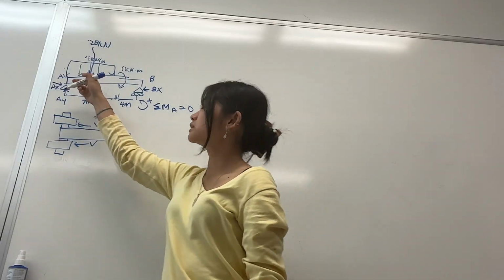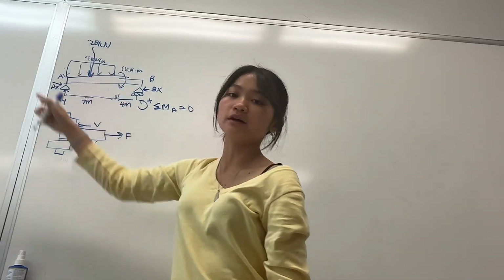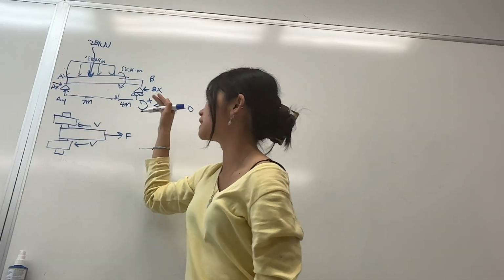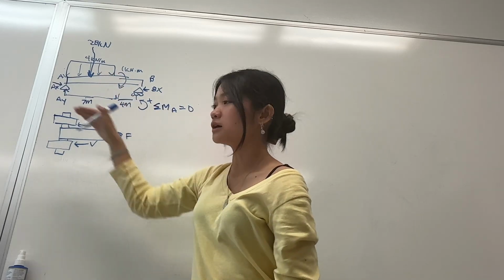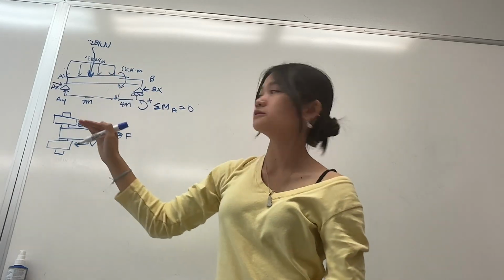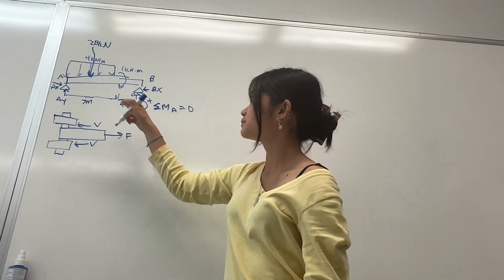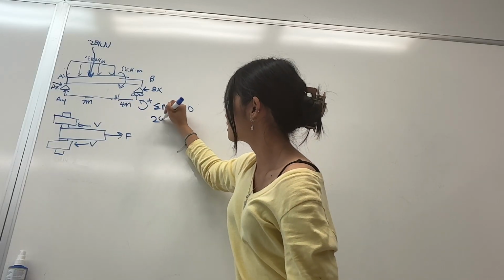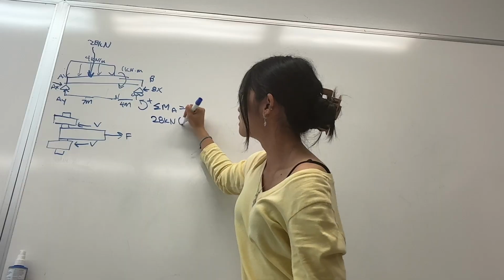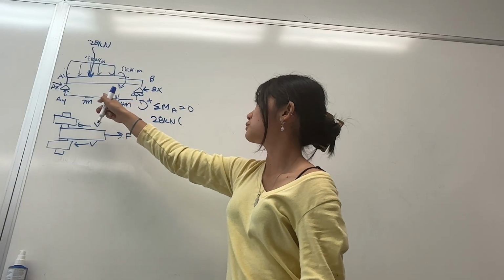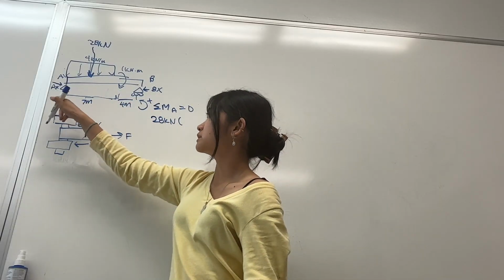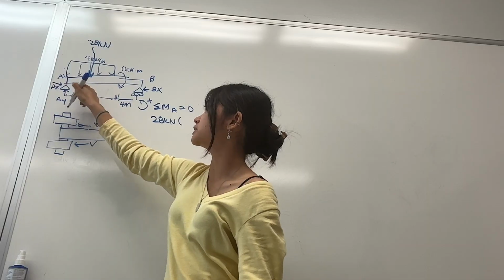So this force right here will make our beam rotate clockwise, so that would be negative, right? Because we decided that counterclockwise would be positive. So we have 28 kilonewtons force, which we multiplied by the distance from A to this force.